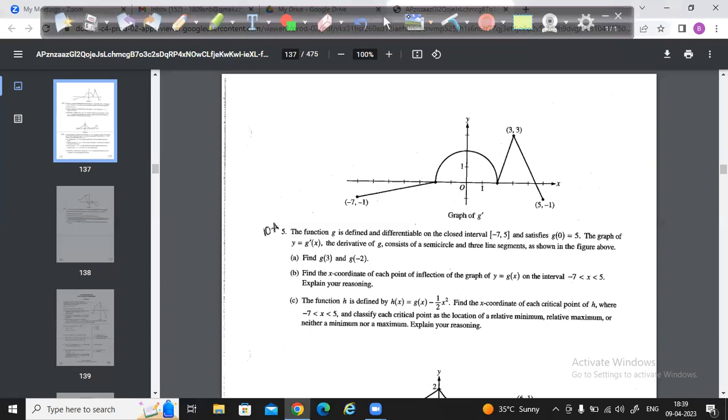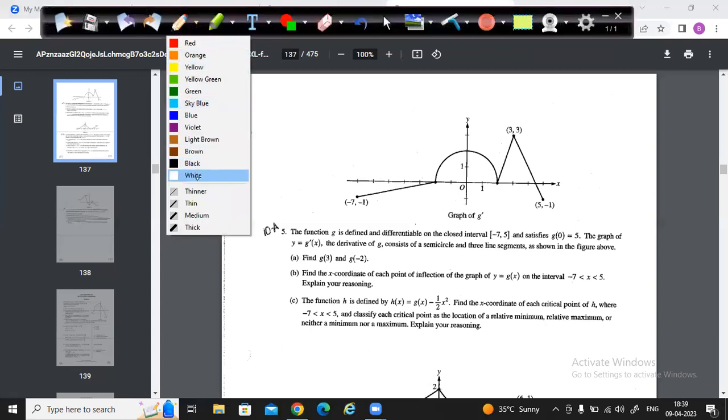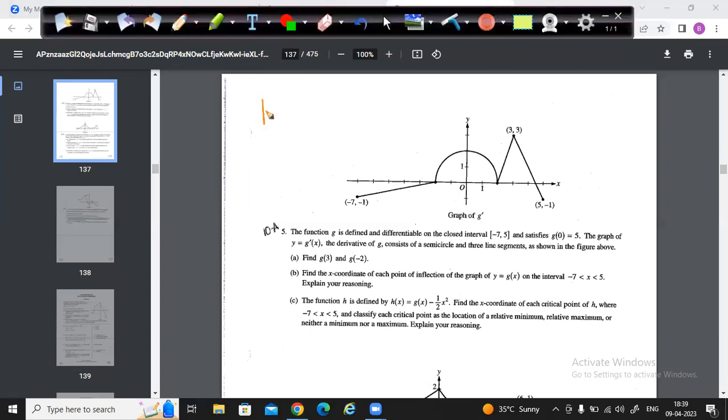So he gave one more function, h of x, which is g of x minus half x square.